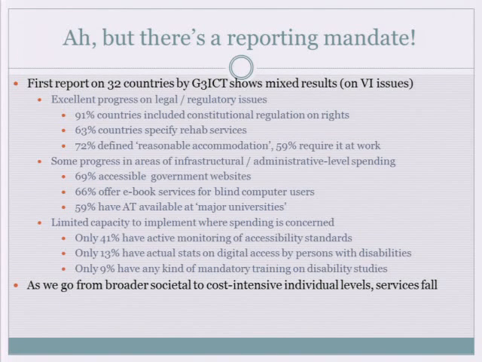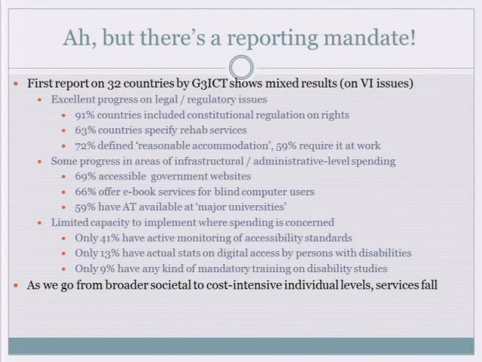Now, some progress in infrastructural and administrative level spending. I'm dividing these as one, what can you really change at the constitutional level? The second is what can you do at the governmental level? And the third is what do you do which needs some kind of additional spending for the population?